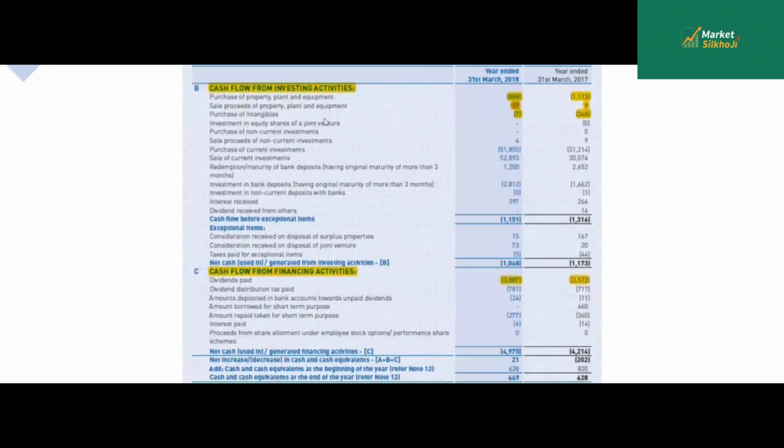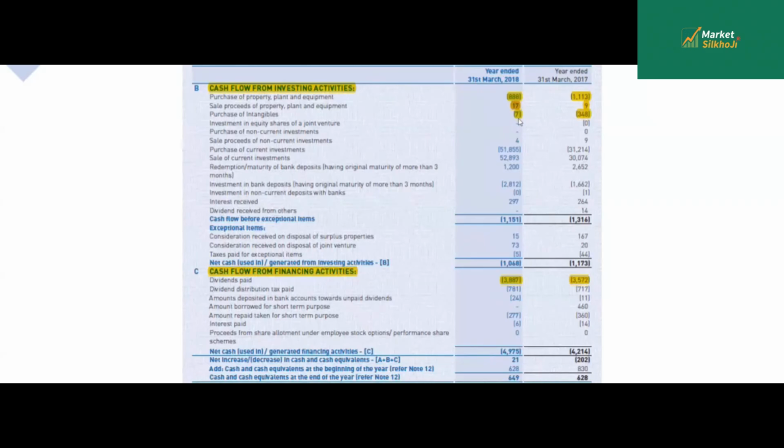Next, investing activities. Out of all the line items, the most important line item in investing activities is how much they are spending on capex. So purchase of property, plant, equipment, sale of the same assets. As you can see, 888 crores is utilized for purchasing the assets. They sold some assets and generated 17 crores, and they have purchased some intangible assets also.